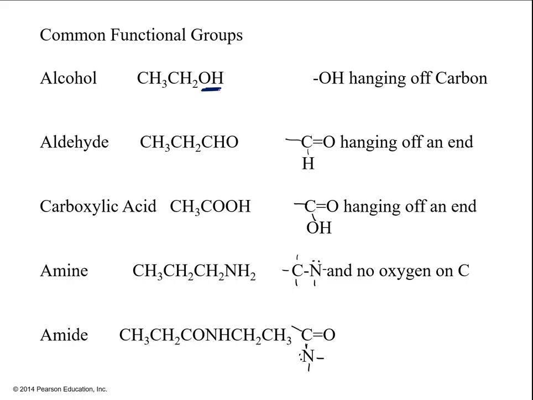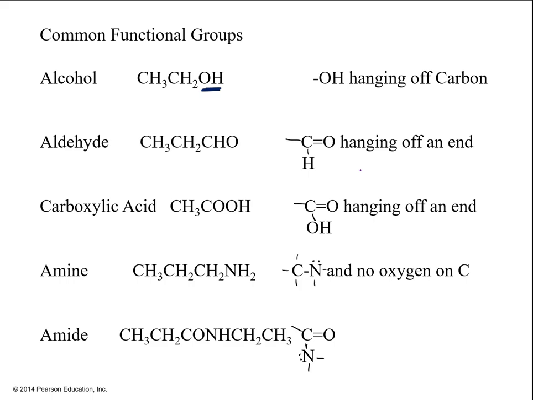Aldehydes, on the other hand, are when you have an oxygen on the end of a molecule and it's got a double bond to it. So when you see a carbon with a double bond oxygen hanging off the end of a molecule, that's an aldehyde. If you took an aldehyde and an alcohol and put them together, then you can make what they call a carboxylic acid. So do you see how a carboxylic acid kind of looks like a combination of the two?